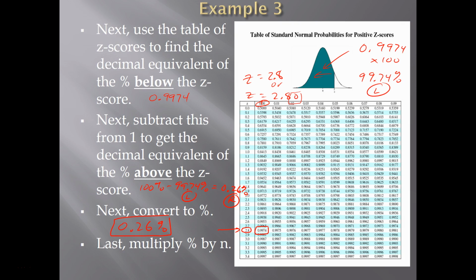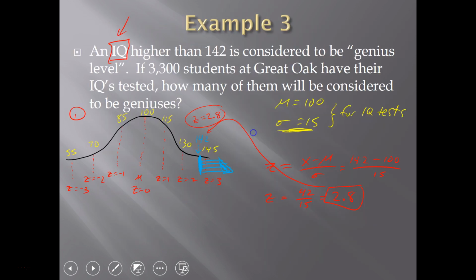All right. So we know the percentage of people that are geniuses at Great Oak, 0.26%. Okay, but let's go back to the problem. Because if we're talking about geniuses, let's be a genius for a minute and actually read the question. It says, if 3,300 students at Great Oak, notice we haven't used this number yet, so that should be a clue that maybe we're not done.